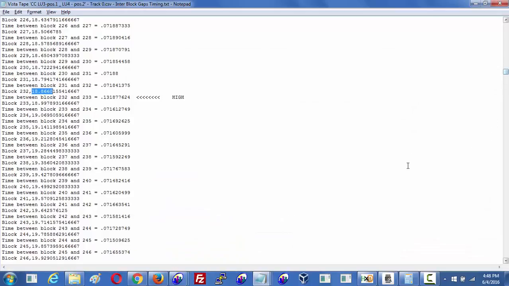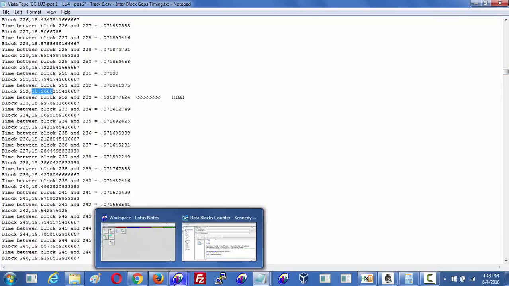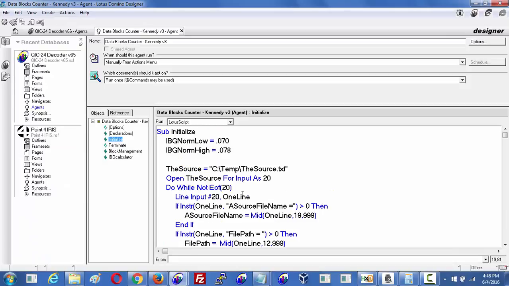This program actually has a parameter hard-coded into it, and that is the range. Anything below 0.070 seconds is considered too small of a gap. Anything higher than 0.078 is considered too high of a gap, and it will alert me on this report that there is something out of range.